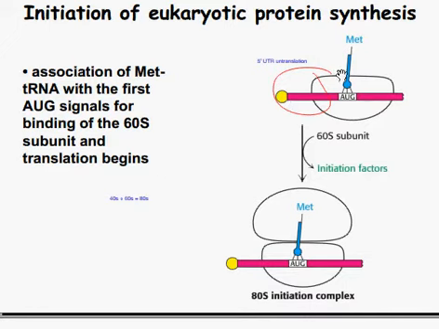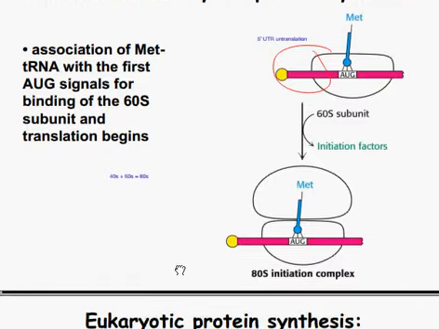So then the methionyl tRNA-i finds the AUG. The 60S subunit says, "Hey, you found the AUG. Good on you." Plus initiation factors, which we won't be getting into, forms the 80S initiation complex. So 40 and 60 equals 80 in this situation.